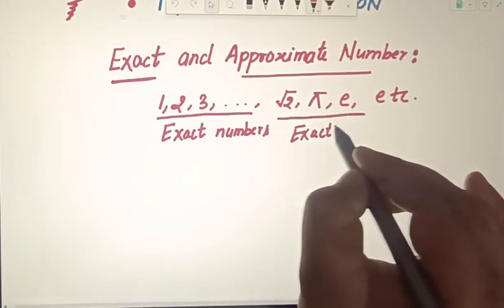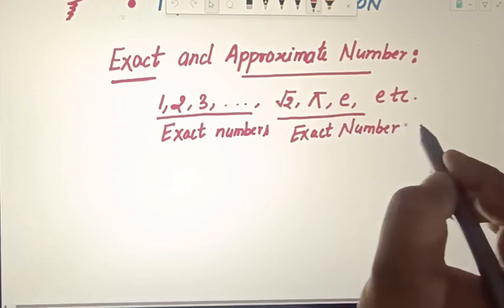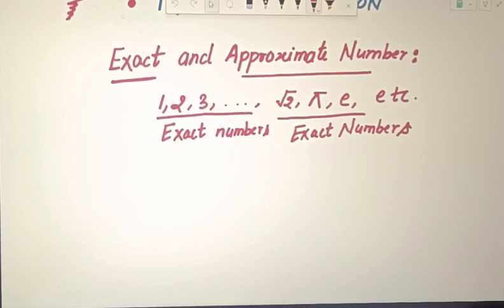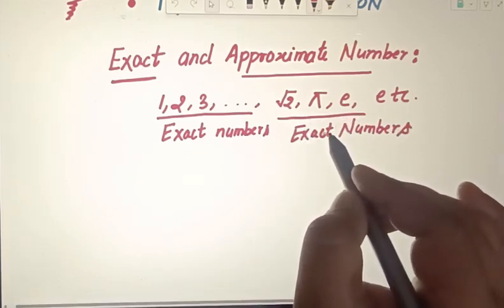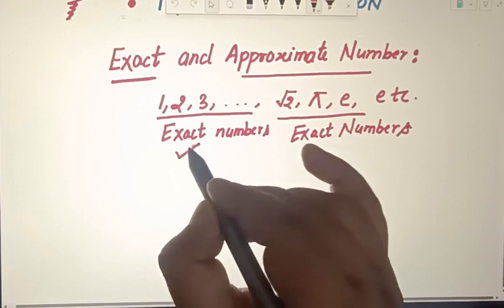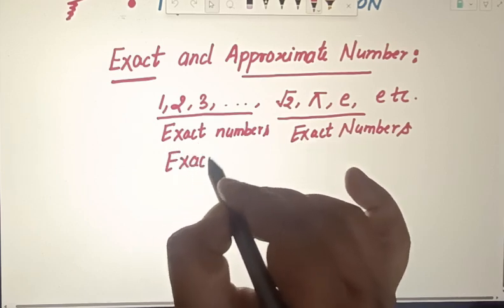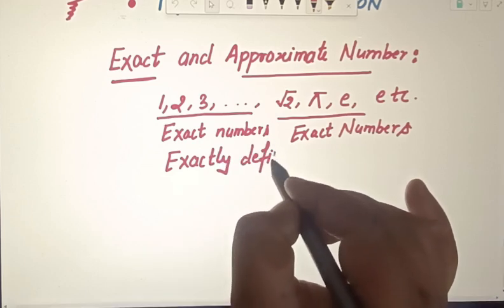Remember this point, exact numbers, because these numbers are also parts of our universe, and whatever exists in the universe is exact in its nature. But can we exactly define these numbers? These numbers are exactly defined.